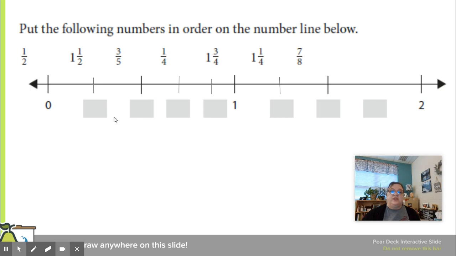So think about, let's go with this one. This one's a little easier than thinking about this one. So how many eighths does it take to make a whole? It takes 8/8, right? So 7/8 is going to be just less than one whole. So this would be the spot for 7/8. So go ahead and write in your 7/8.